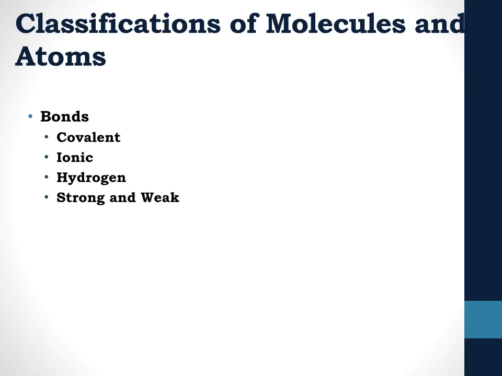If we have a polar molecule, we have a separate classification of bonds that can occur. And we'll get to that when we talk about water. And that would be what's referred to as a hydrogen bond. Covalents are the strongest of them. Ionics are the weakest of them.